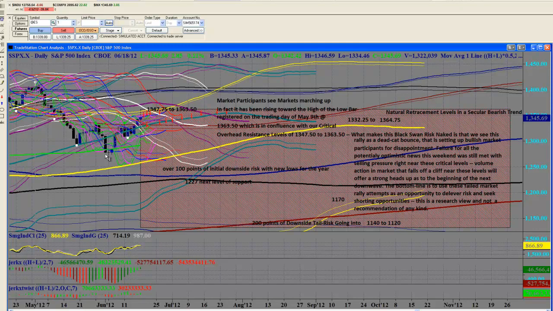Now, when this market rallied up last evening on supposedly potentially good news, considering the Greek elections yesterday, what actually happened is that the market, as soon as the European markets opened, discounted it and took it as a negative event, at least in the near term.